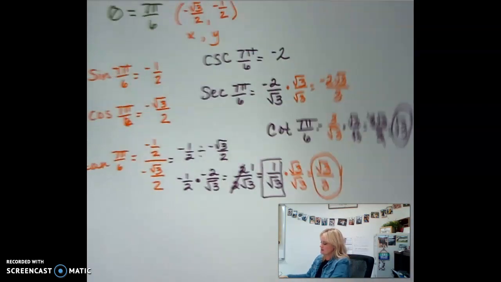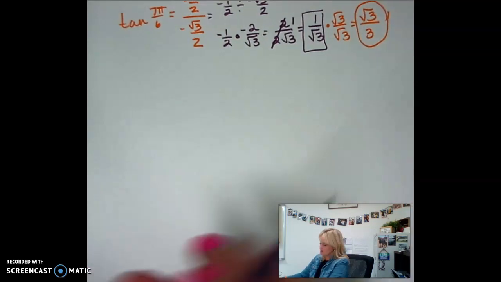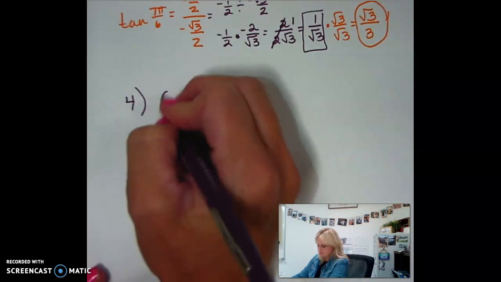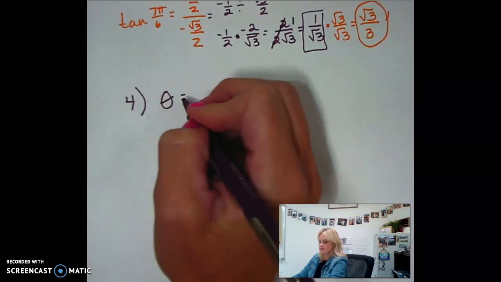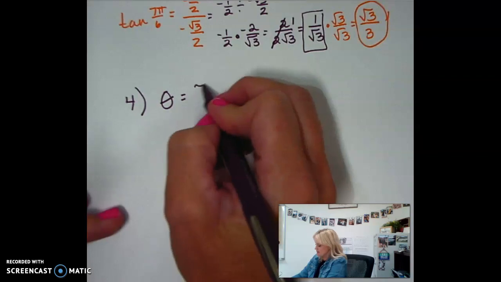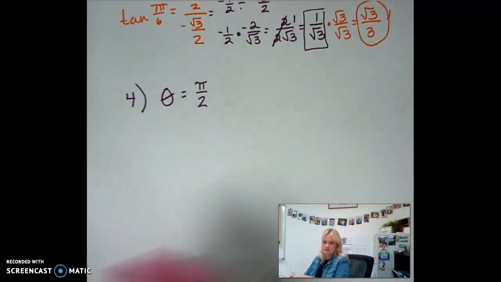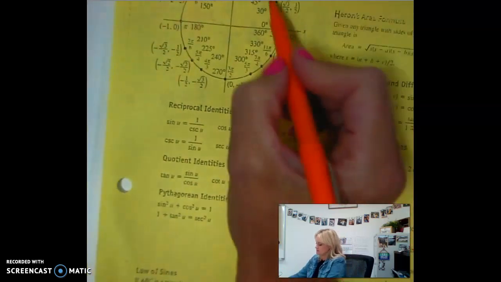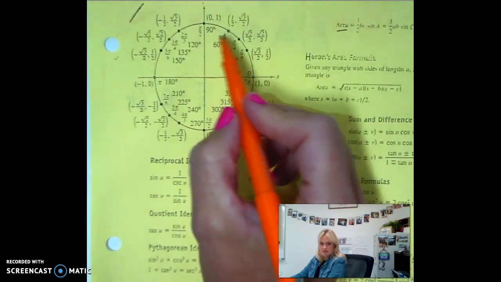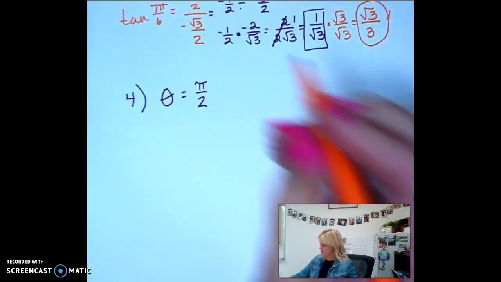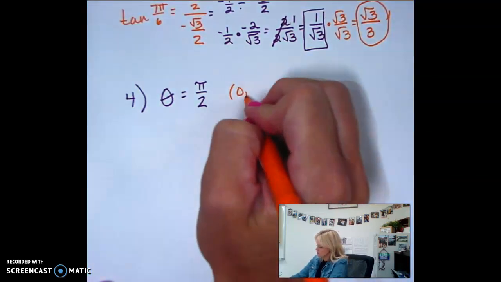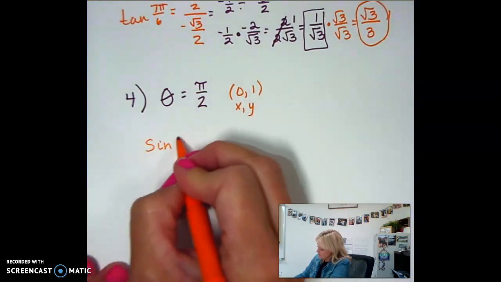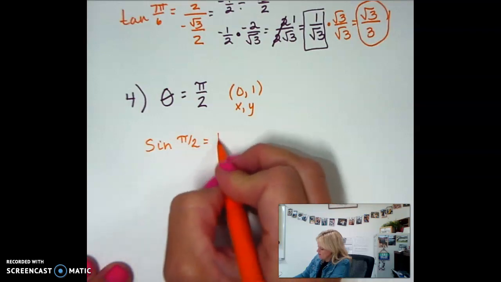Now I want to talk about finding the 6 trig functions when theta is half of pi. Now, what's different about this one? Well, first of all, half of pi has the value of 0, 1. So x is 0, y is 1. So the sine of half of pi is my y value.